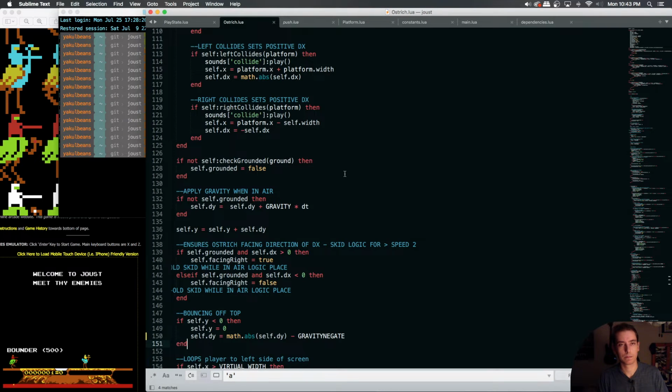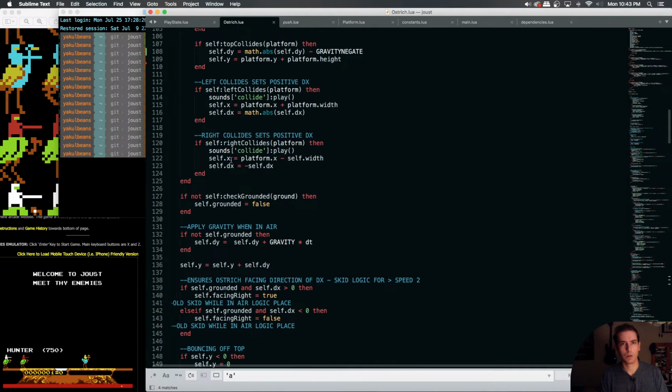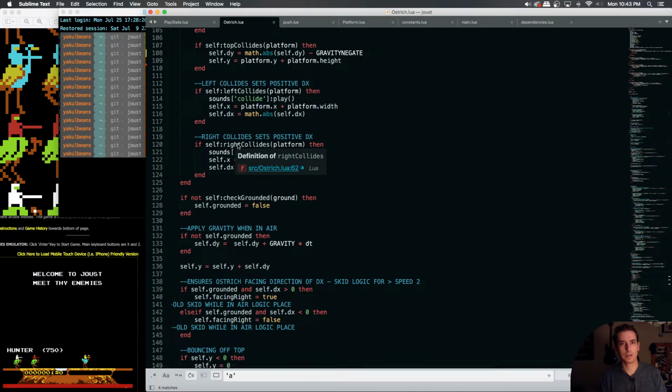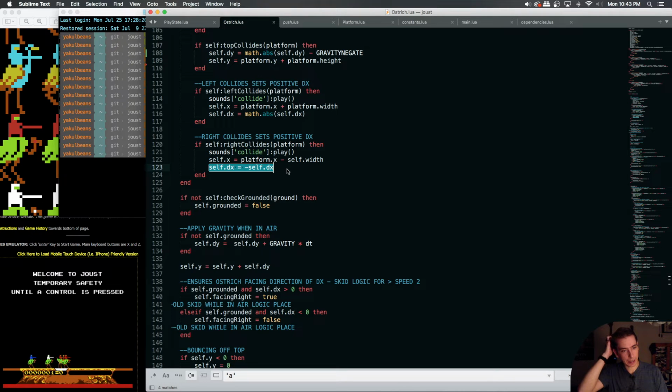Let's see. So, right collides. Look at this. Yeah, we're just setting it to negative DX. So what I'm proposing is we can get rid of our jarring X relocation upon right collision detection.